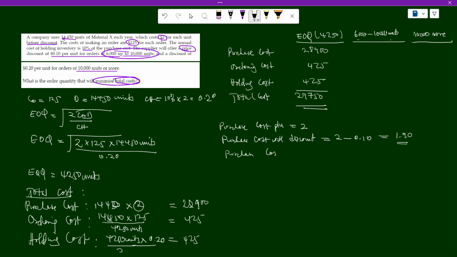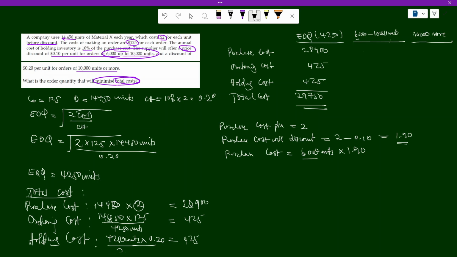Now, what will be the purchase cost? The purchase cost will be 6,000 units multiplied by 1.90. Why 6,000? We are assuming that we are buying 6,000 and above. So that's why we are using 6,000.